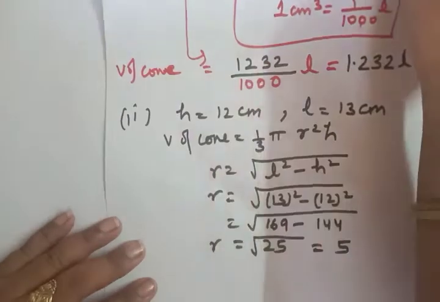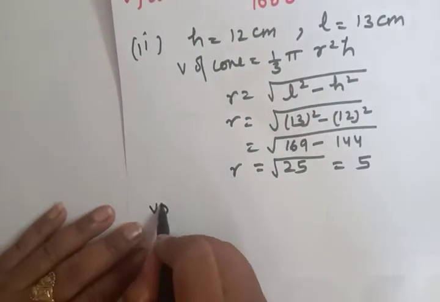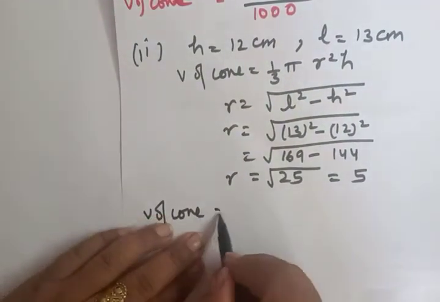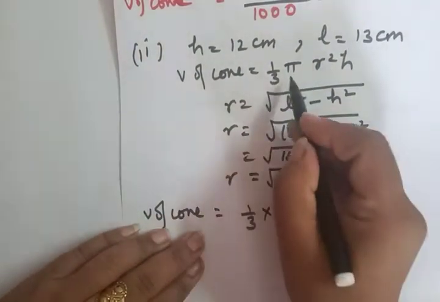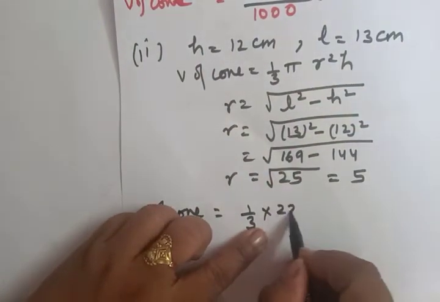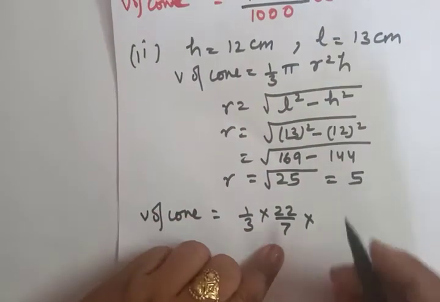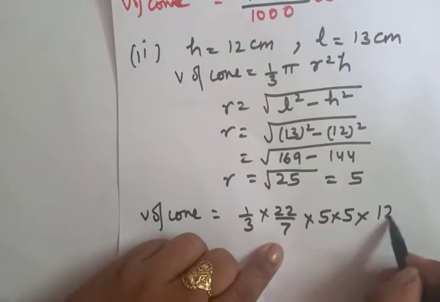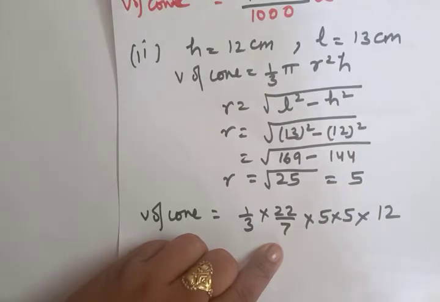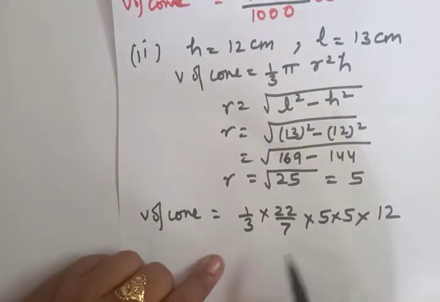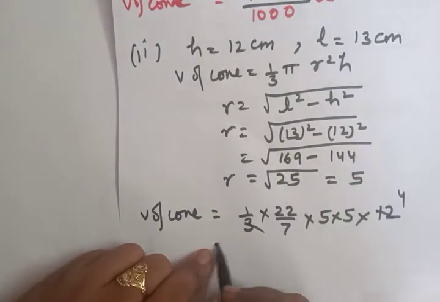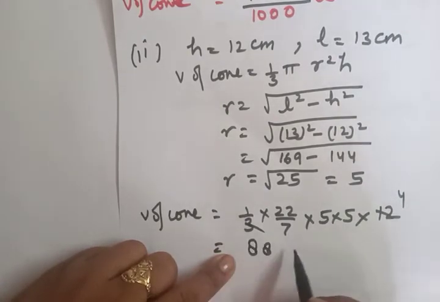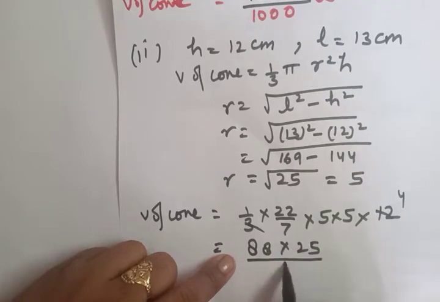Clear? Now we simply put in the values. Volume of cone is equal to 1/3 into π, 22/7, into r, that is 5 into 5, into h, that is 12 centimeters. Three 4s are 12, and 4 2s are 8, so 88 into 25 upon 7.